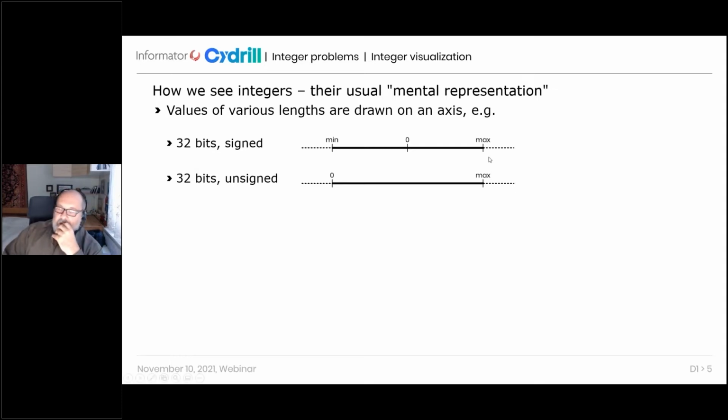So you have the minimum and you have the maximum value for the integer that you represent in your computers. And this is not the same story in real life mathematics, because there the numbers are infinite. In the computer, they are not.